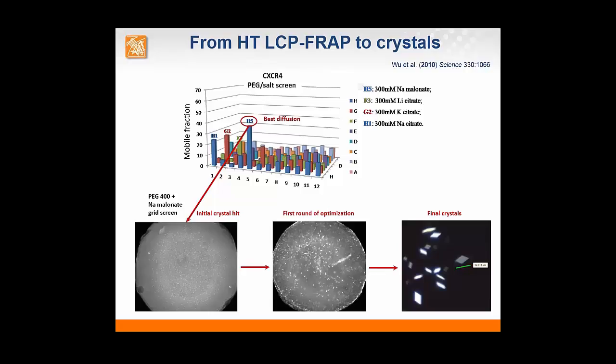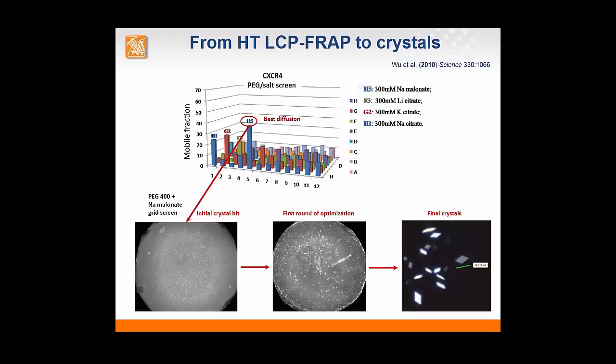This receptor was particularly difficult and it didn't diffuse well in the lipidic phase. After many rounds of optimization of the protein construct, we ended up with constructs that had some diffusion, fairly low, about 30% in 4 conditions. So we took the conditions with the best diffusion, sodium malonate, and set up optimization grid screens by changing the concentration of PEG 400 and sodium malonate.